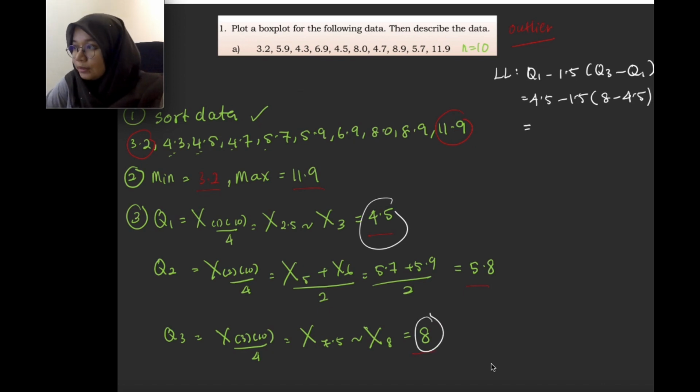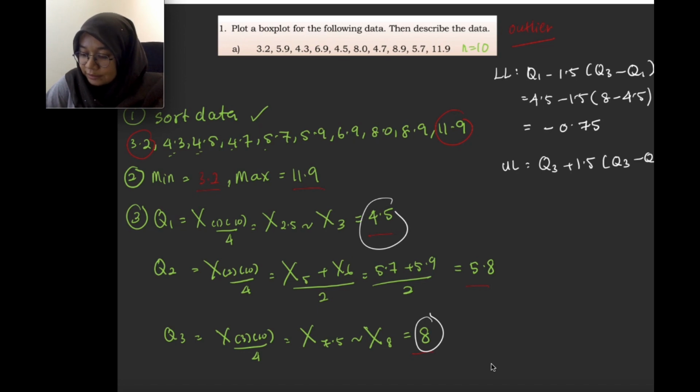So your lower limit will be negative 0.75. The upper limit is Q3 plus 1.5 times (Q3 minus Q1). So Q3 is 8 plus 1.5 times (8 minus 4.5). So here you will get 13.25.